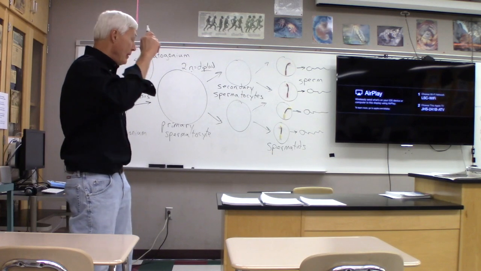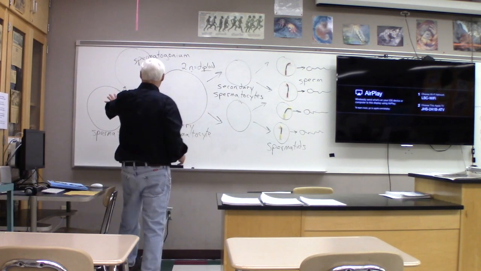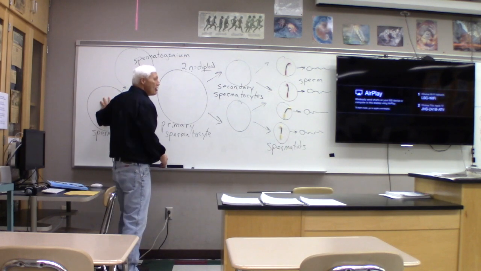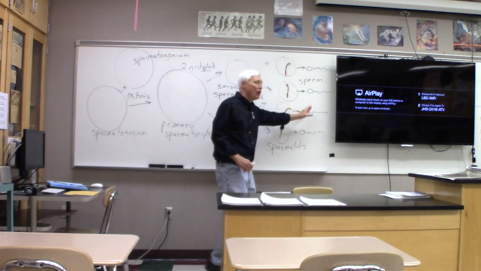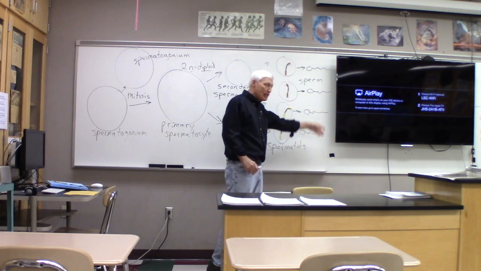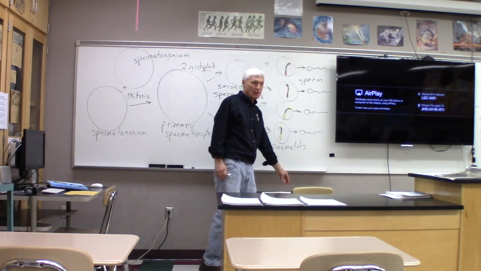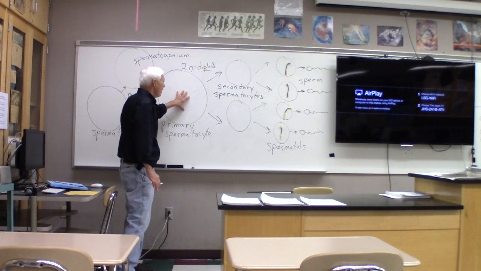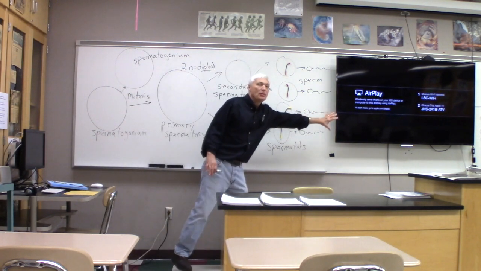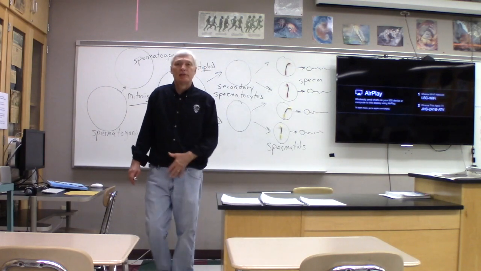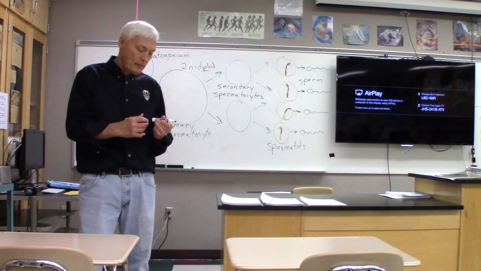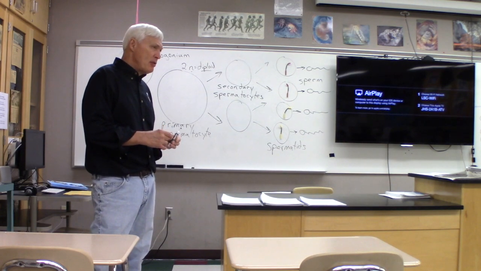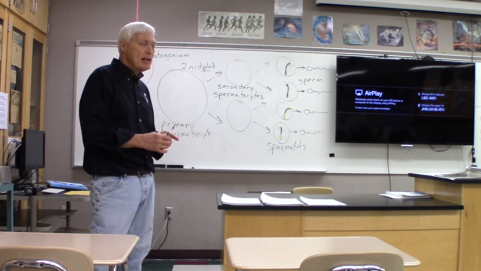Now, to go from this cell here to mature swimming sperm cells here takes about 64 days. I had somebody ask me once, Mr. Ruhl, does that mean you only make sperms every 64 days?